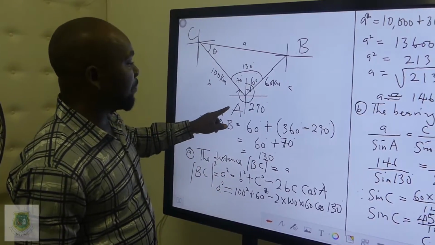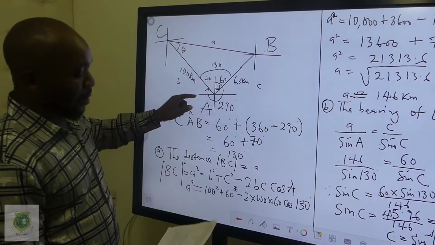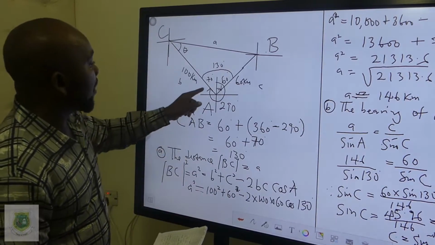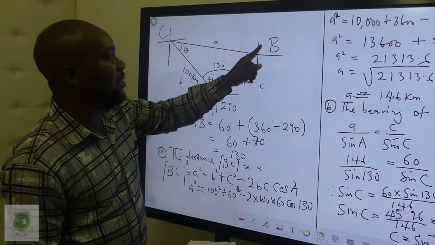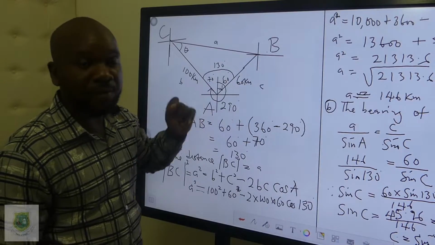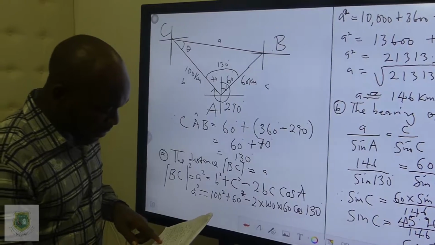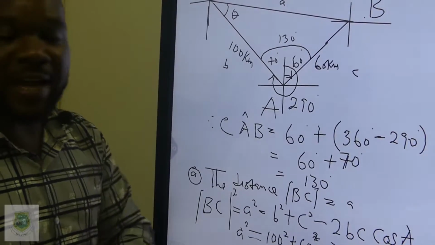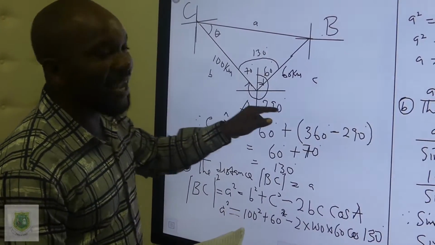Label that point A. From that point A, B took off at the angle of 60 degrees. Look at it here. You make 60 degrees, it now goes. This is B. The distance is 60 kilometer. Then, you also look at the bearing of C from A, from the same A, is 290.